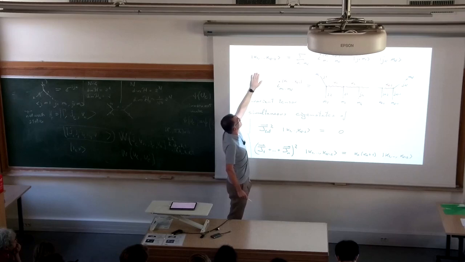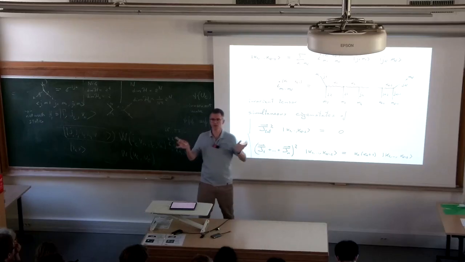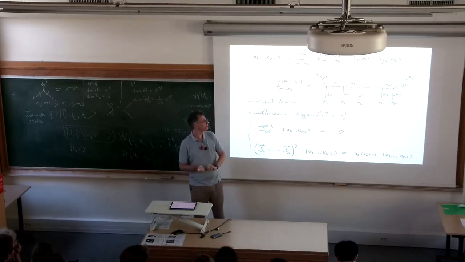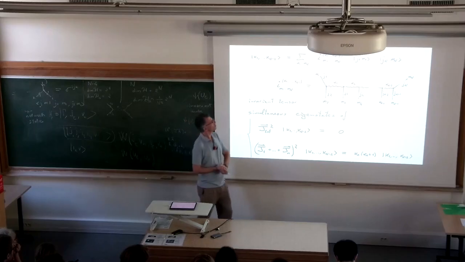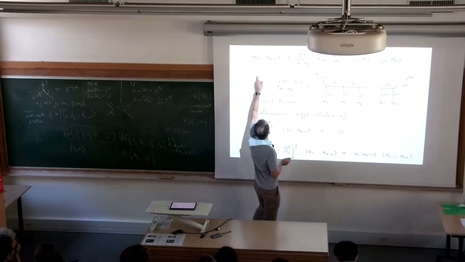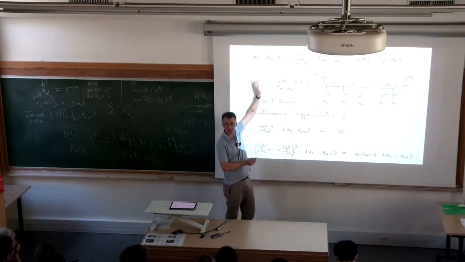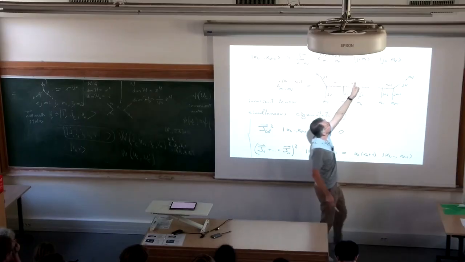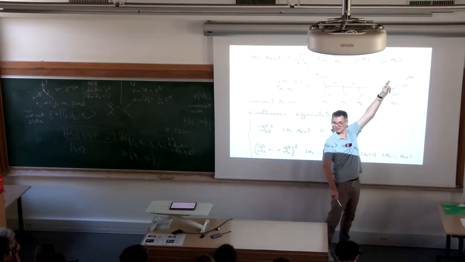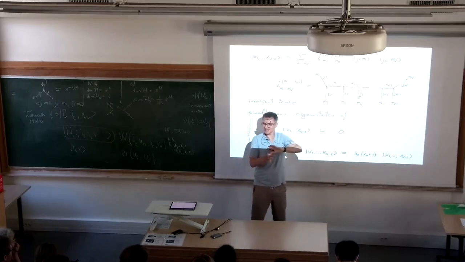I'm making two statements. This state is invariant under rotations. That's the first statement. How do you check? Well, you have to check that if you have an SU(2) transformation on this state, it transforms each one of these vectors with a Wigner matrix.